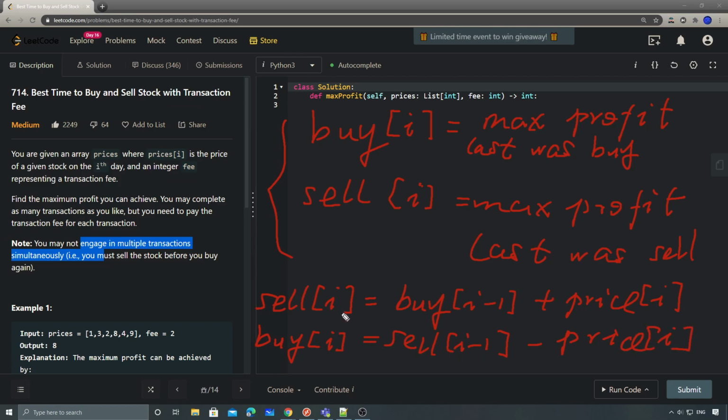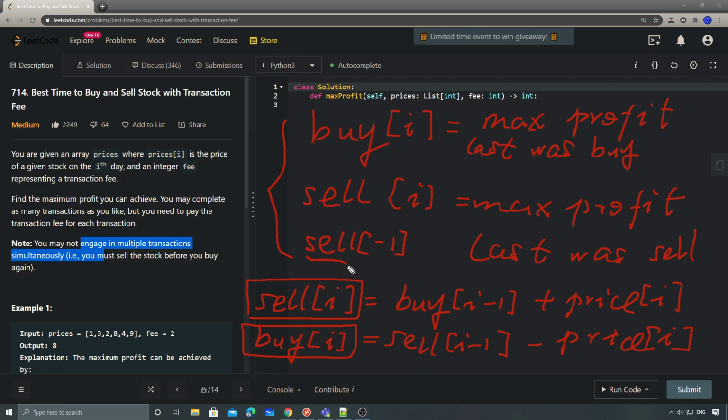As you can see, that's why we need these two separate states, where the last transaction was buy or the last transaction was sell. Only then can we be sure we can either sell or buy at the current state. And the final answer will be sell[n-1].